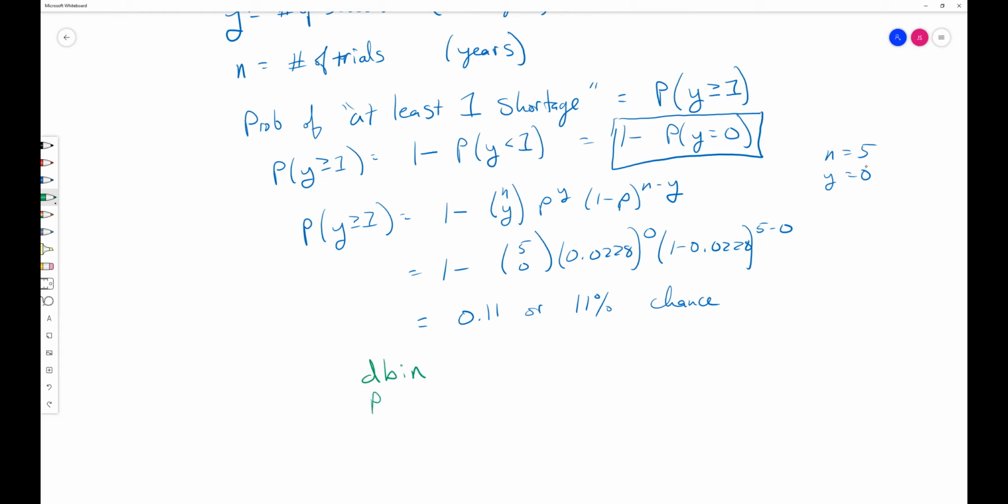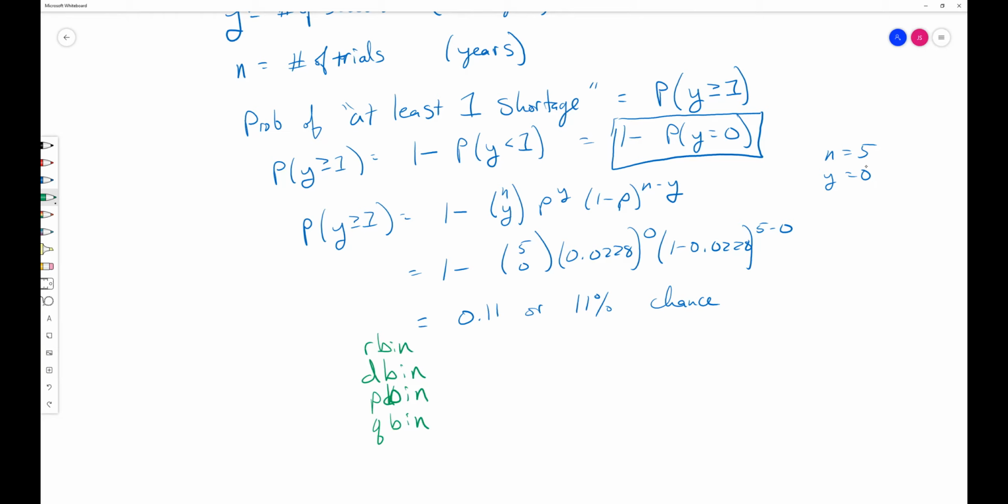We can use p, which is pbinom. And we can also use qbinom, and then rbinom. So r would be a random number generator for the binomial distribution. So these are the functions we can use.